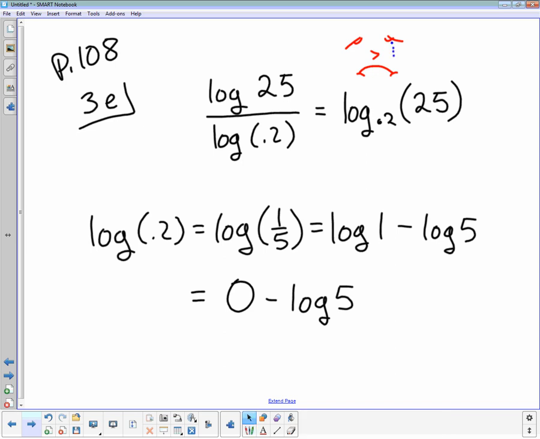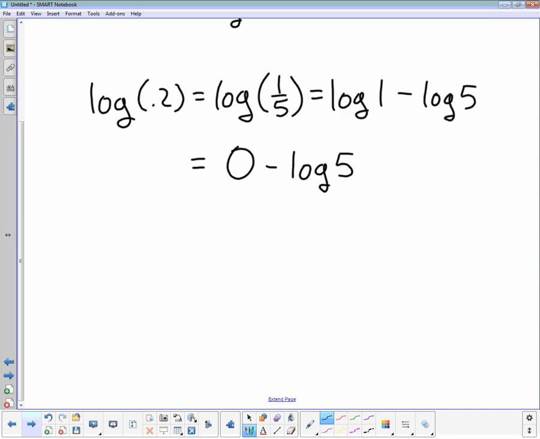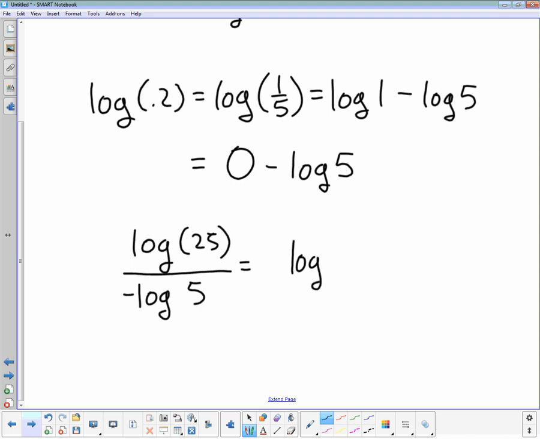Not complete. So let's simplify this a little bit more. So I have log base 20 of 25 all over negative log of 5.